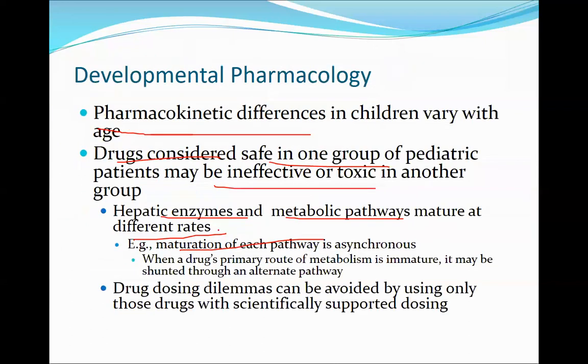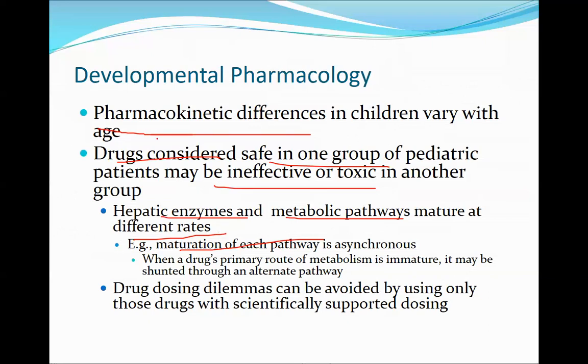When we talk about developmental pharmacology, let's keep one thing very clear in mind: children are not miniature adults. Whatever dose is given to an adult cannot be subdivided to be given to the pediatric population. When you're giving a drug to a pediatric population, you need to know the dose instead of going by a hit and trial method.